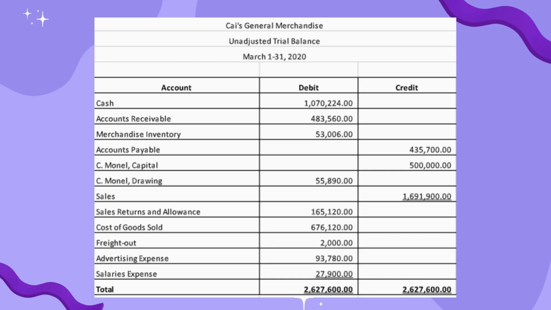Merchandise inventory. Debit 53,006 pesos. Accounts payable. Credit 435,700 pesos. Monel's Capital. Credit 500,000 pesos. Monel's Drawing. Debit 55,890 pesos.